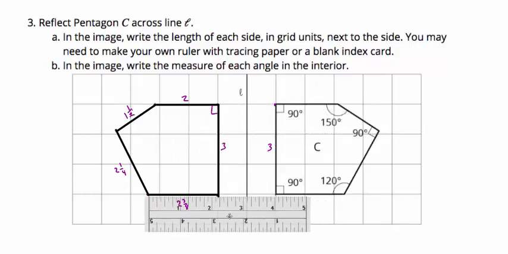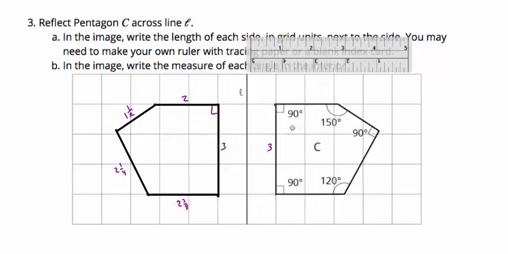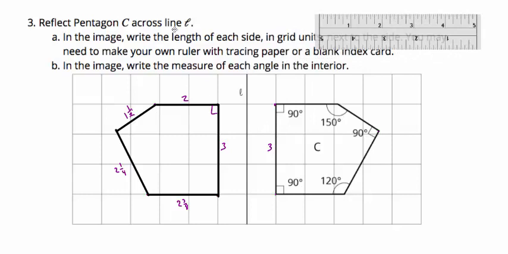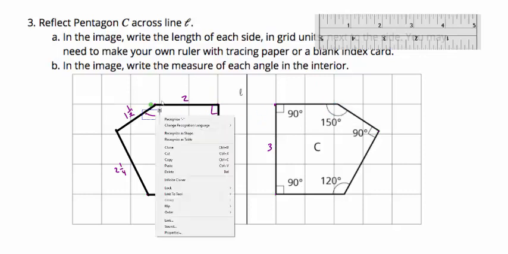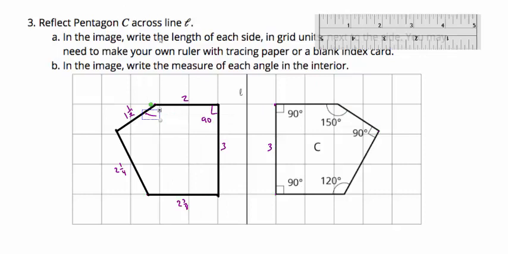So that means, all right, angles. So if this is 90 degrees here, this is 90. This one here is 150, so that means this one here is also 150. This one here is 90.